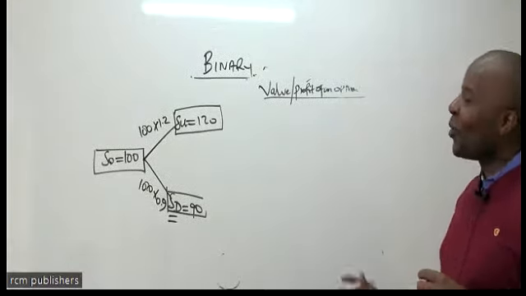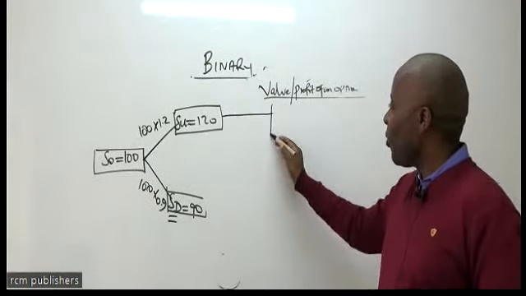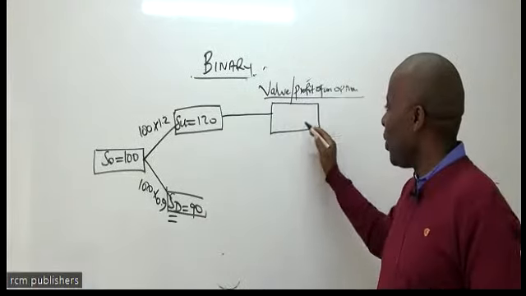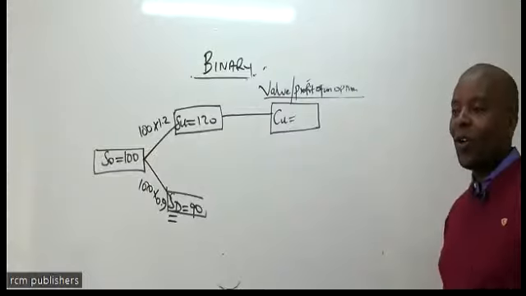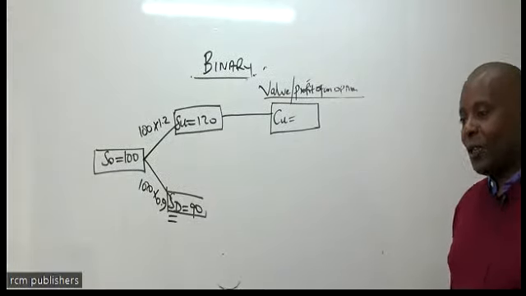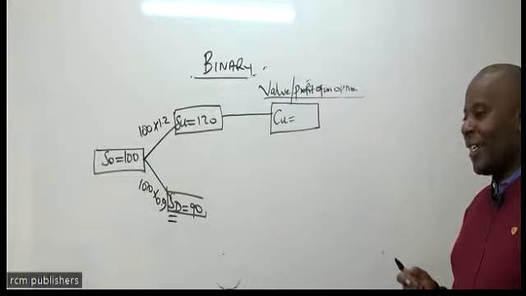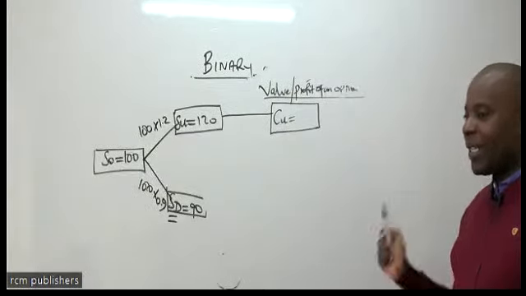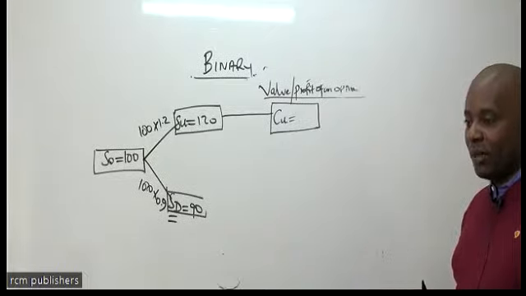Now, what will happen here? I would want to get the call value if there is an upward trend. They have given me a chance of buying this option for 110.